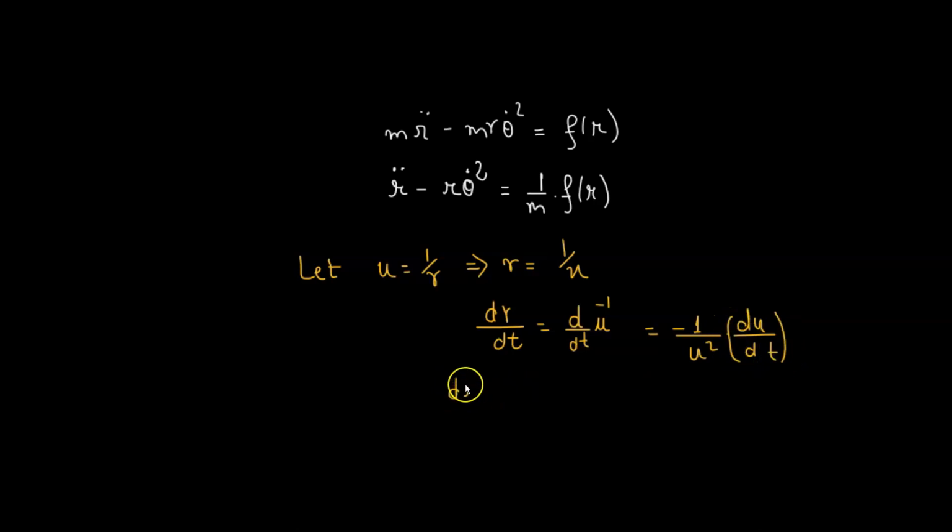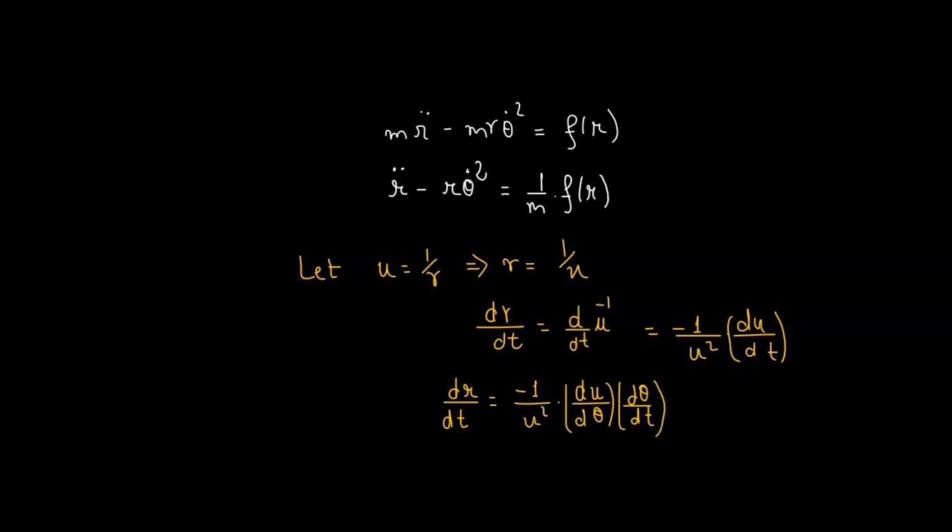So this is our time derivative of the radius r, which is equal to -1 over u squared times du over dt. We can again use the chain rule to rewrite it as du over d theta times d theta over dt.